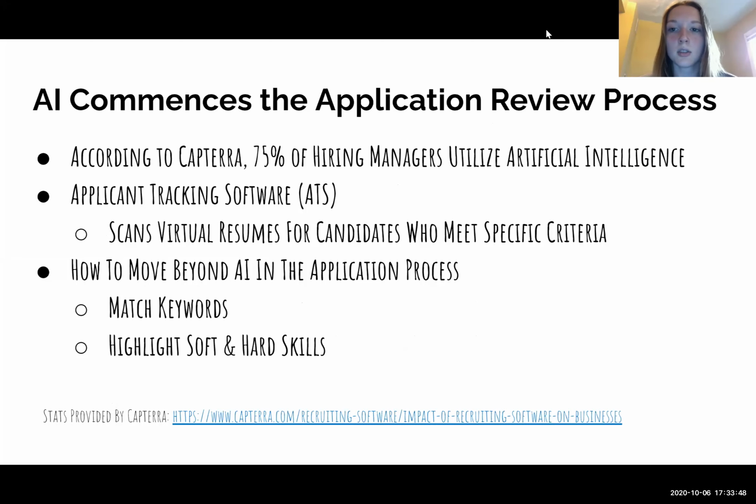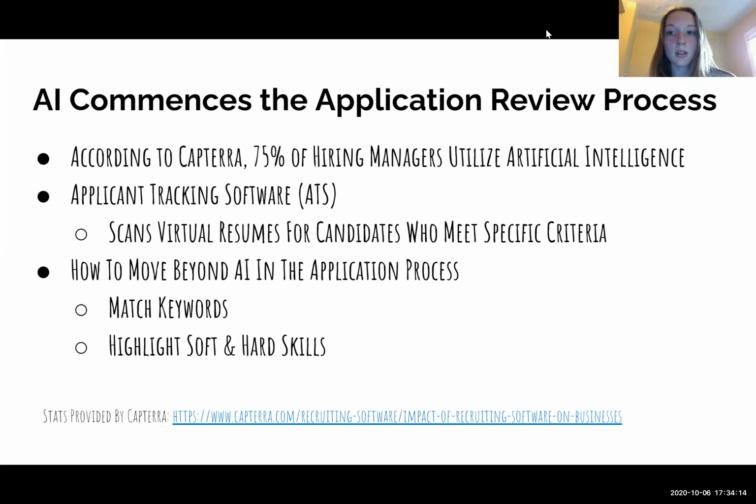Starting with artificial intelligence. Did you know that AI commences the application review process? According to Capterra, roughly 75% of hiring managers utilize artificial intelligence. This is most frequently used through ATS or application tracking software.